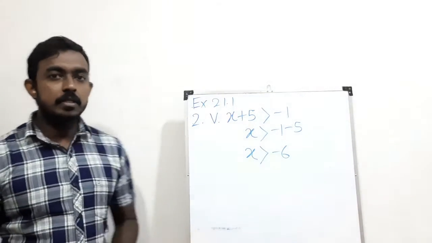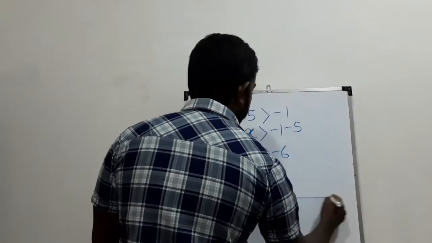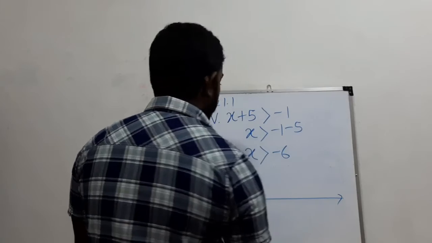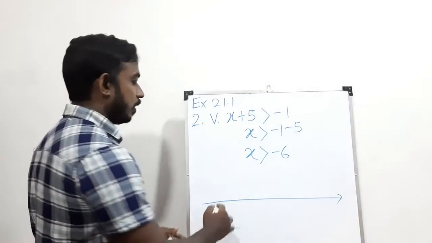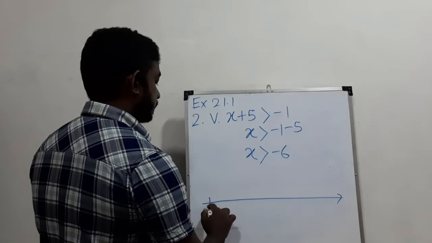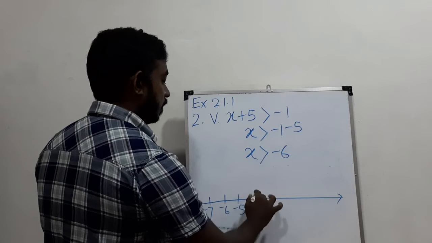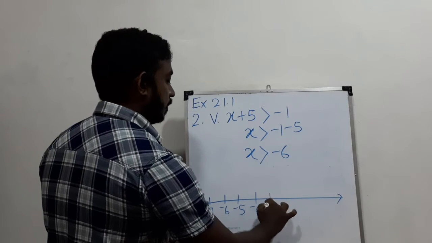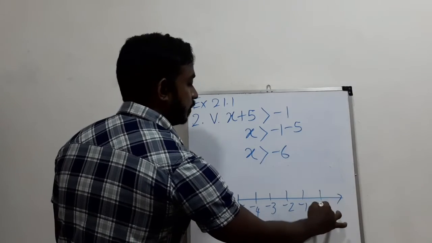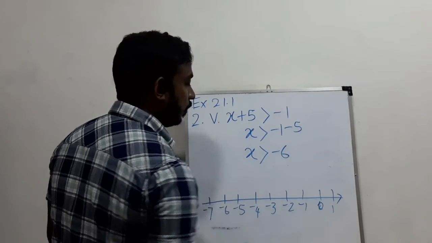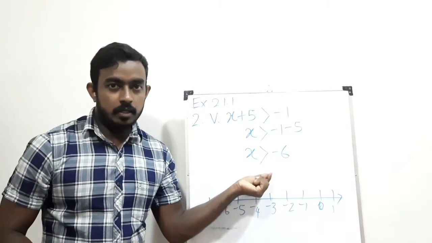Now to represent this on a number line, first of all we have to draw a number line. As they have given us the answer as minus 6, so I am going to use minus 7, minus 6, minus 5, minus 4, minus 3, minus 2, minus 1, 0 and 1. Now here we did not receive an equation mark in here.